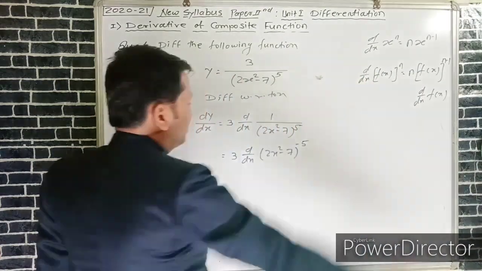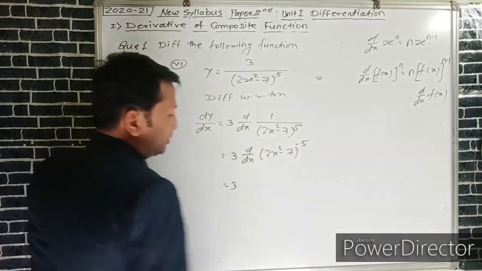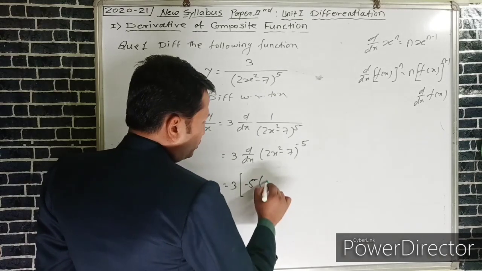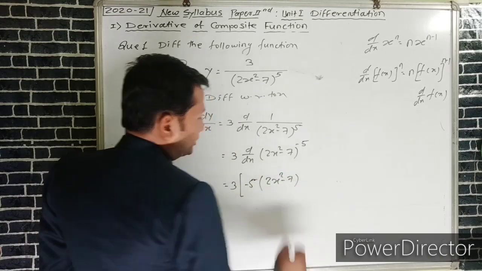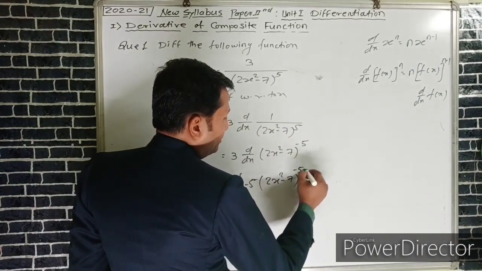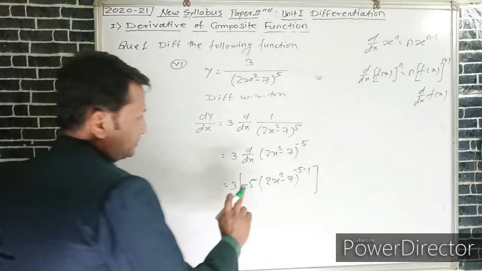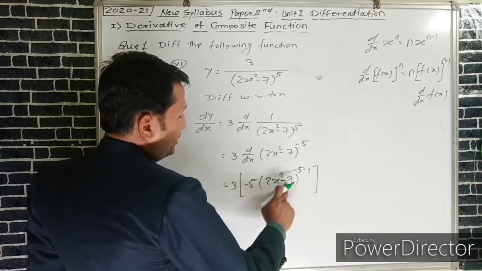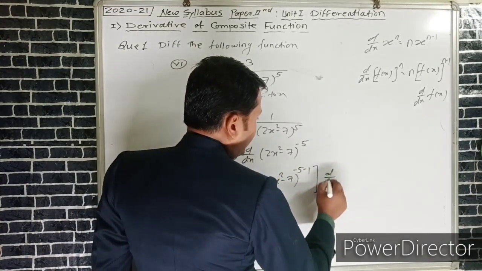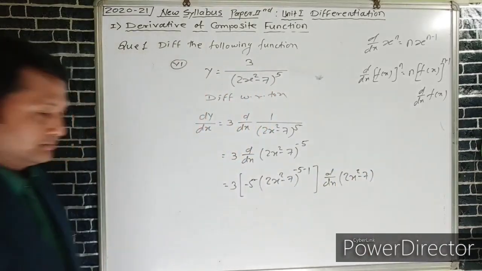By applying this formula, we can write the derivative of 2x square minus 7 whole raised to the power minus 5 as minus 5 into 2x square minus 7 whole raised to the power minus 5 minus 1. After differentiating, since 2x square minus 7 is composite, we take again the derivative of 2x square minus 7.